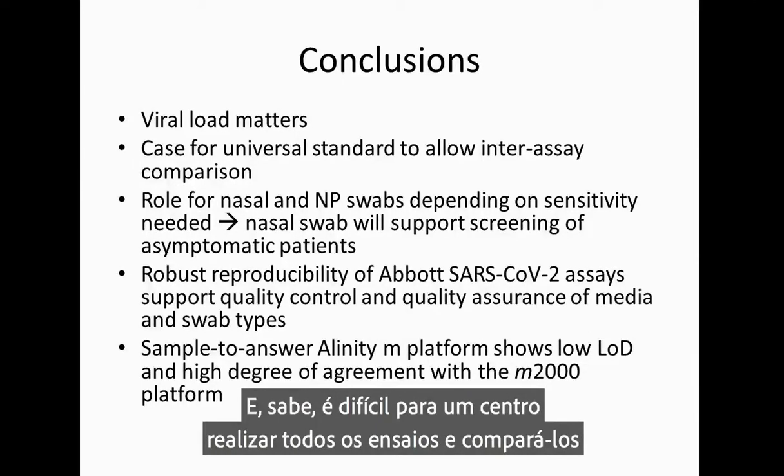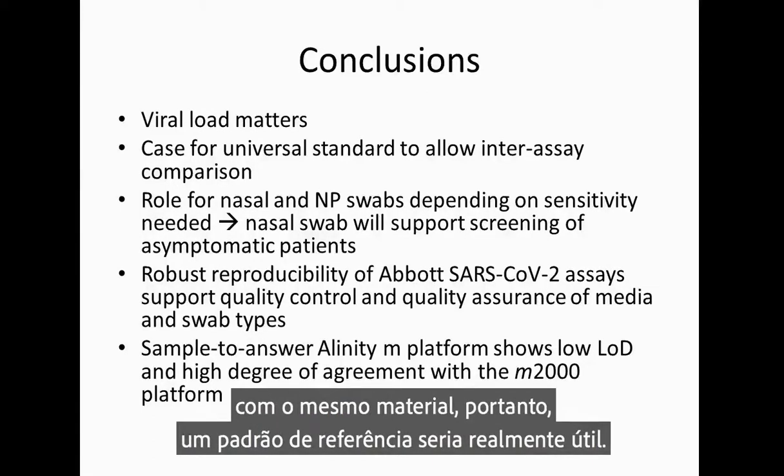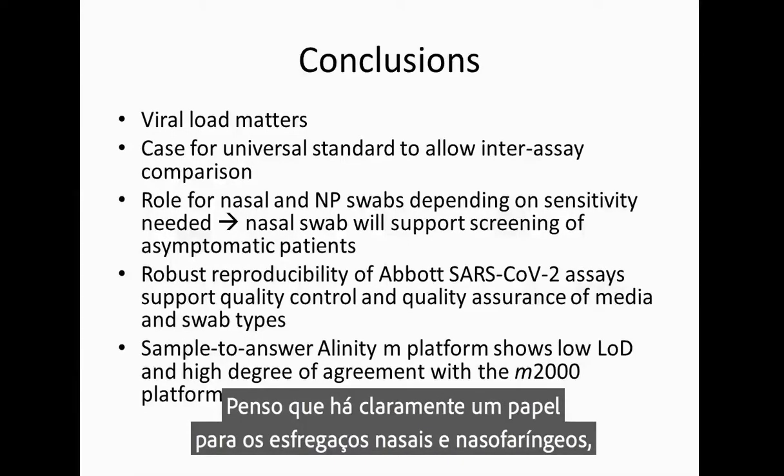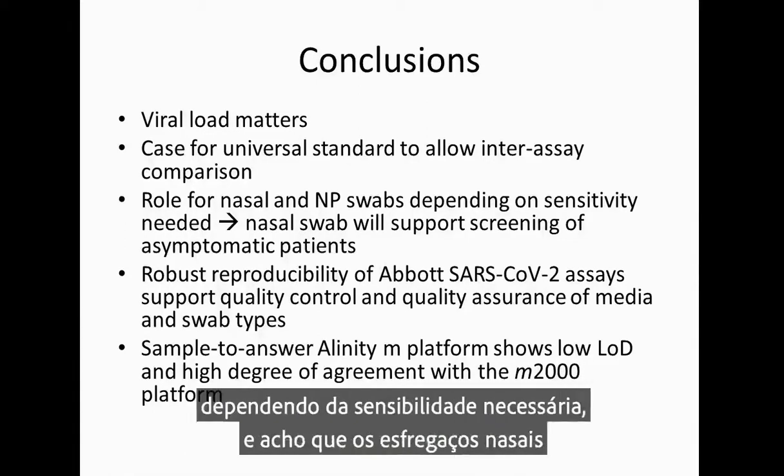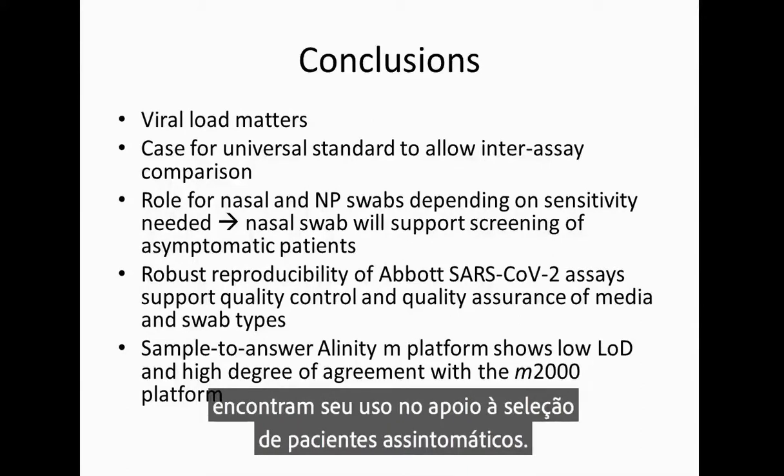It's hard for one site to bring in all the assays and compare them with the same material. So a reference standard would be really helpful. There are, I think, clearly roles for both nasal and nasopharyngeal swabs depending upon the sensitivity needed. And I think nasal swabs will find their use in supporting screening of asymptomatic patients.